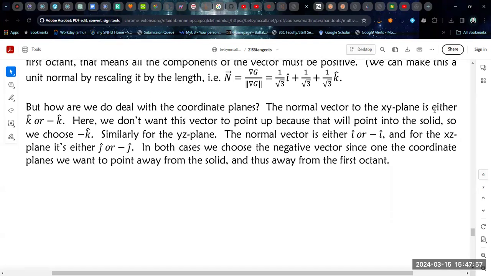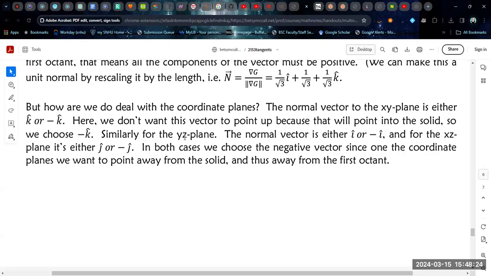Well, the normal vector to the xy plane is either k or minus k. We don't want it to point upward because that would point into the region. We want it to point out of the region, so we would choose minus k. For the yz plane, the perpendicular direction is the x direction, so i or minus i.